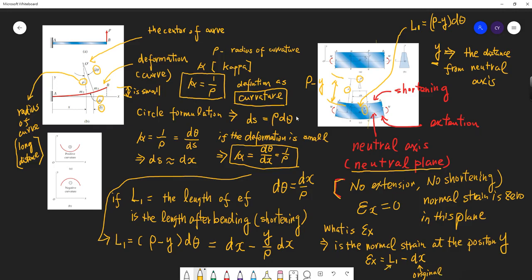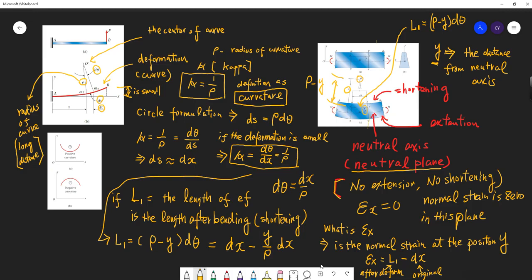So the strain is the difference of length. So the strain is equal to L1 minus dx. This is what we call the strain.